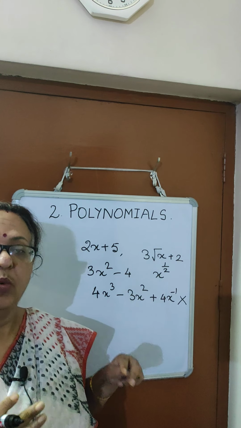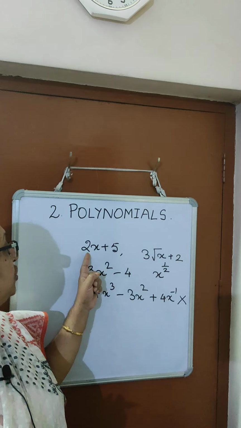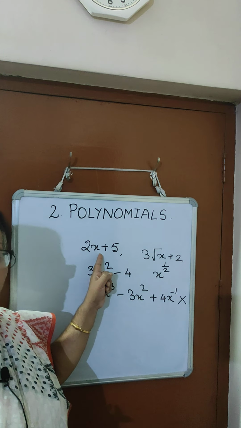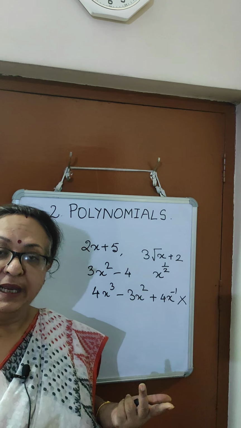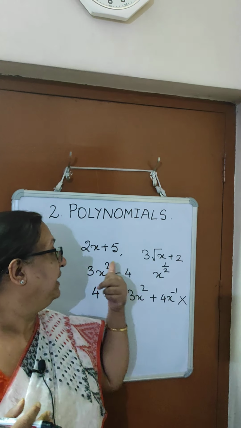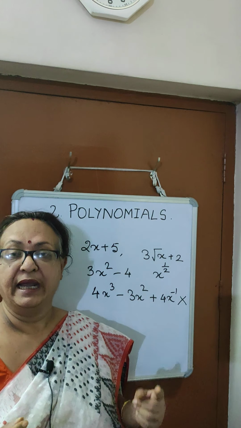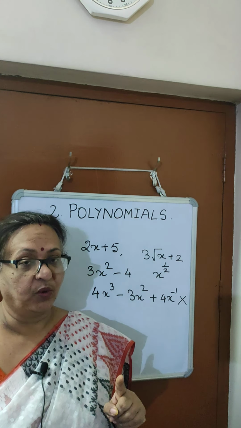And you know what do we call here this 2? 2 is constant, x is variable. What does variable mean? Variable, that is, here we have x, x can have any value, whereas a constant has a fixed value.